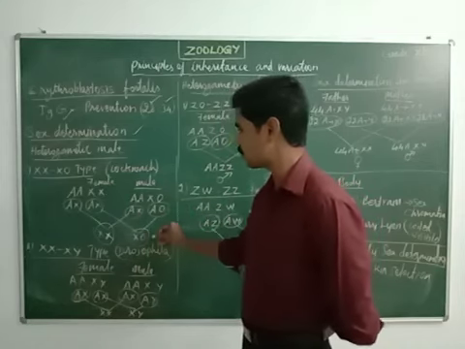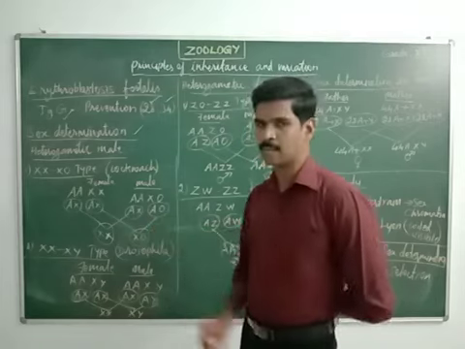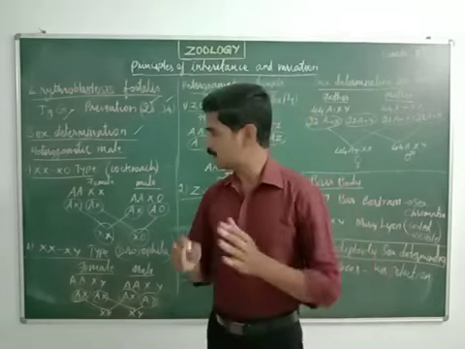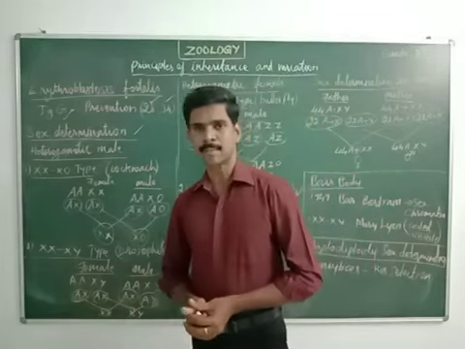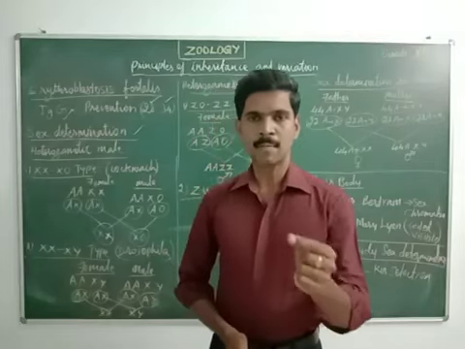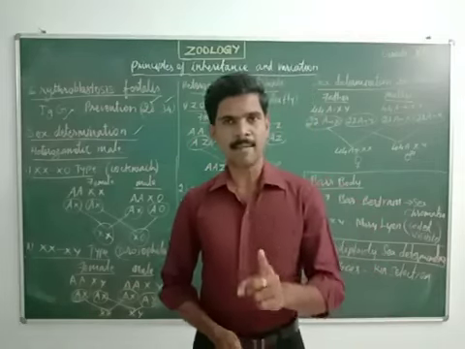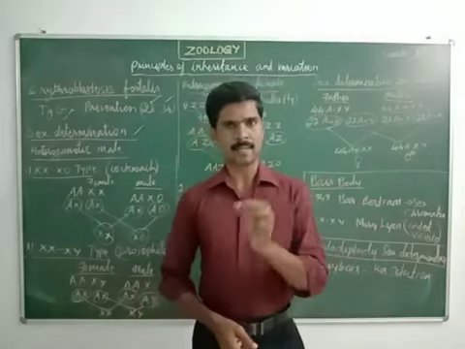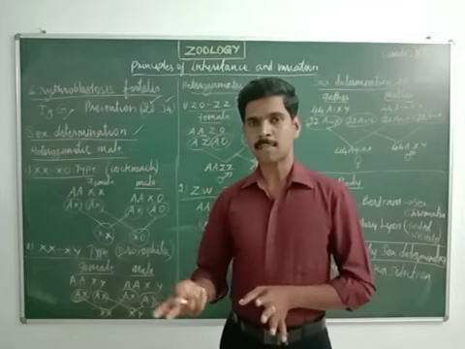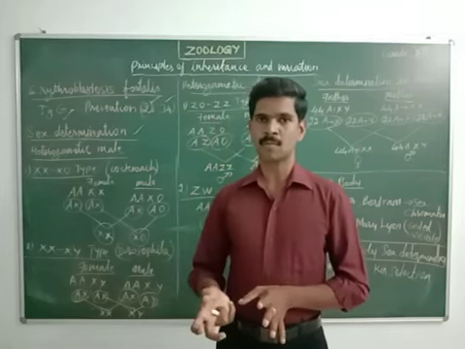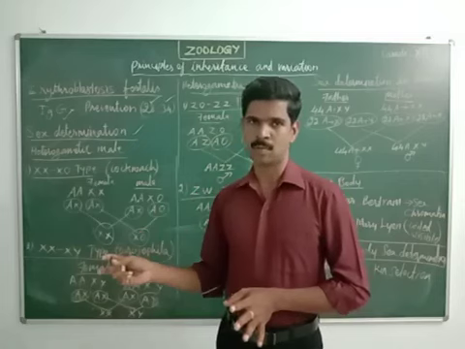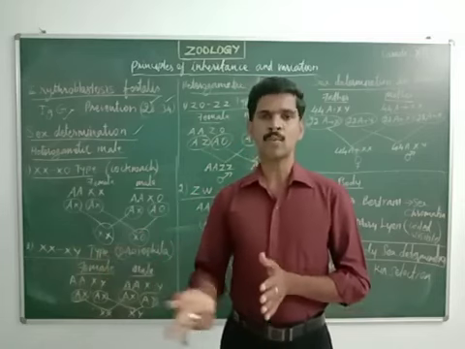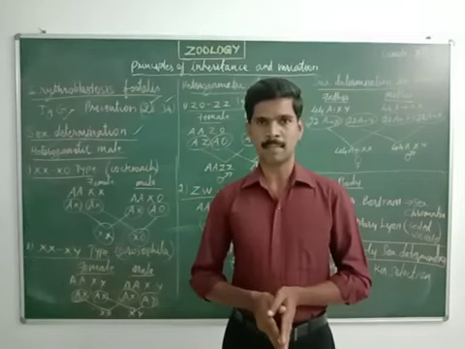So XO, and that young one is male. So in this XX-XO type of sex determination, the female produces a single type of gamete with X chromosome, but the male produces two types of gametes, one with X and one with O.